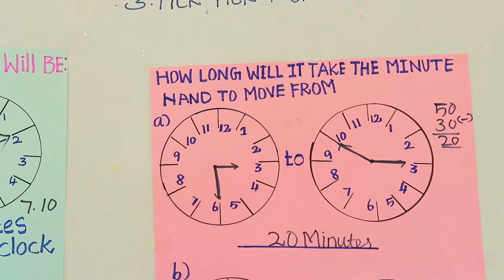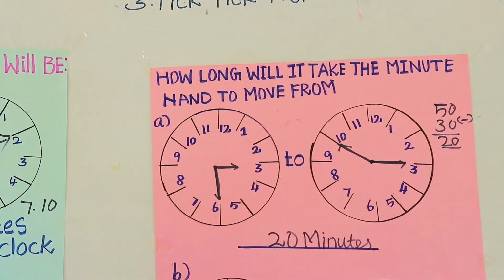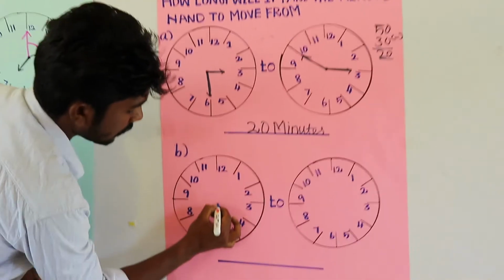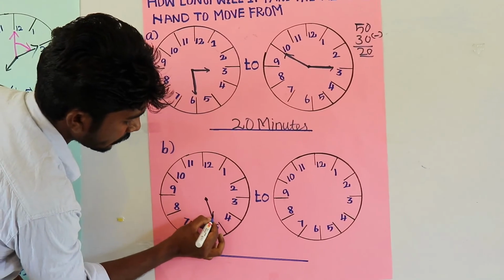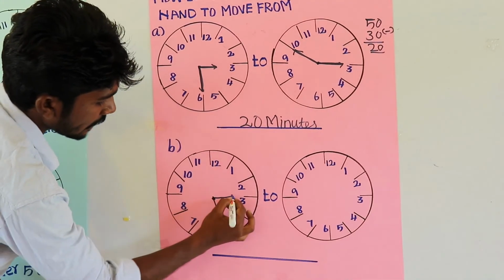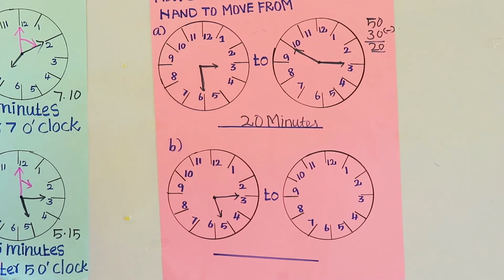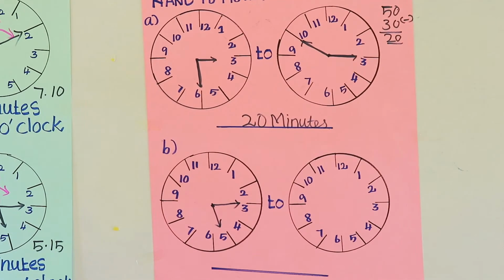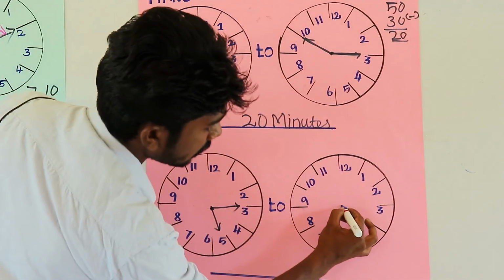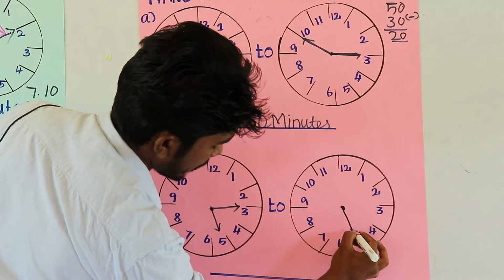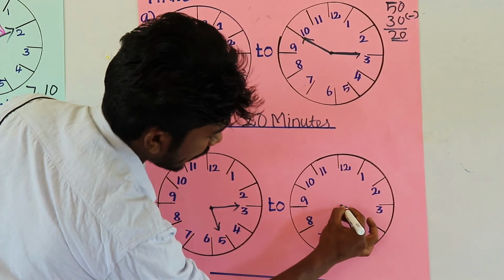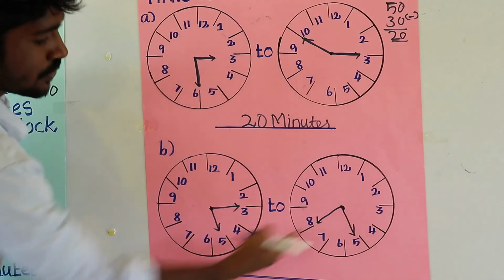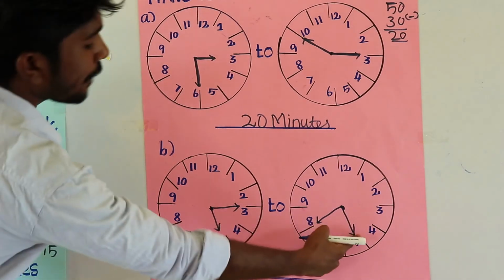Next, B question. Same. For example, the hour hand is at 5 and the minute hand is at 3. Now the time is 5:15. But here the hour hand is at 5 and the minute hand is at 8. Now the time is 5:40.